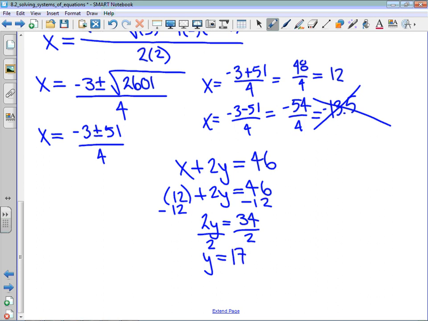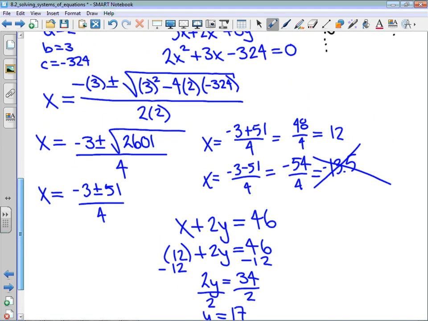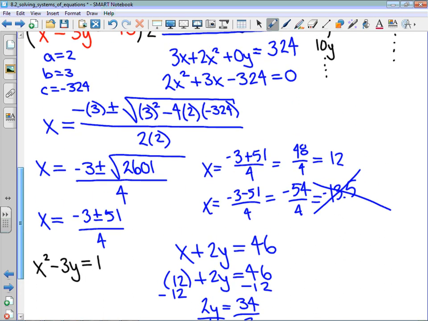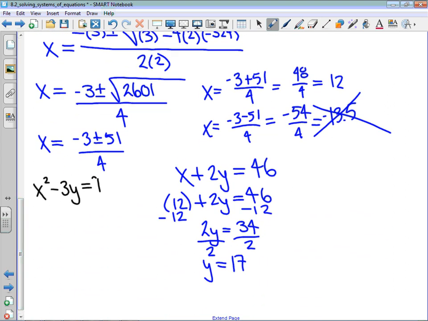Now, the question didn't specifically ask us for it, but I always worry I do these questions wrong because there's a lot happening here. So what I recommend is that students check. If I've done this correctly, I should be able to put my values of x and y into my equation and get 93.